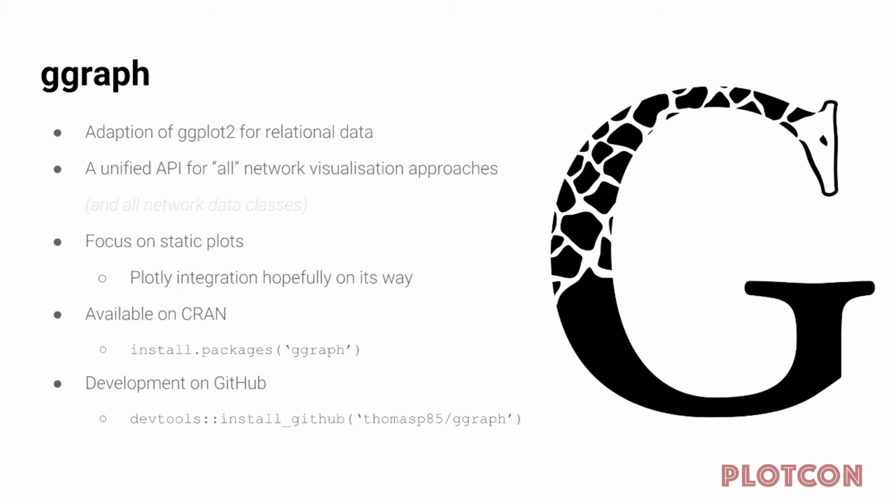All of the stuff that you're used to doing in ggplot2 works quite well in gggraph. So it's not a separate package just implementing the API. It's built on top of ggplot. And it tries to create a unified API for all network visualization approaches. Of course, that's a tall order. It's an area that's constantly getting new ways of doing things, but that's at least the end goal.